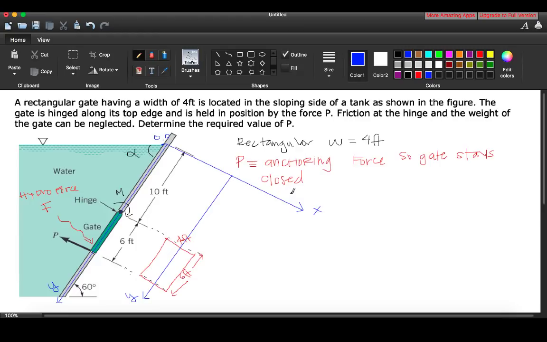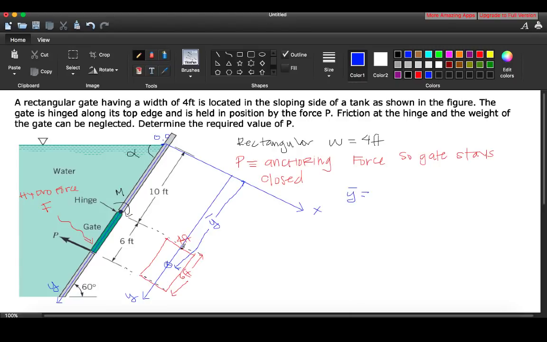Okay, so let's label some distances. The distance to the centroid is here to here, so that's our y-bar. Okay, well, what actual physical distance is that? What is y-bar?